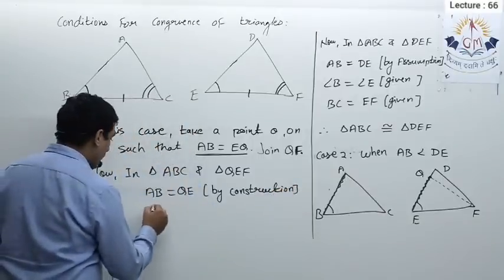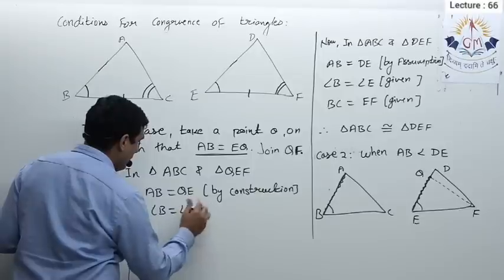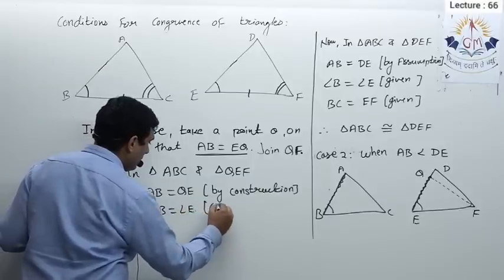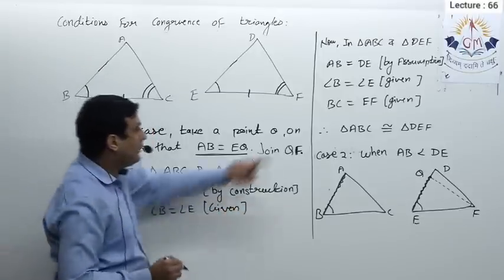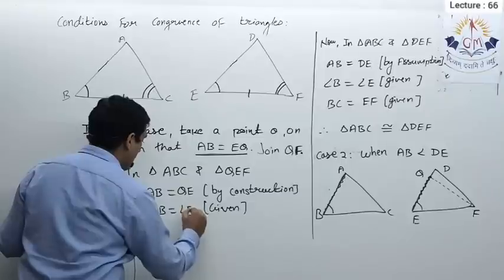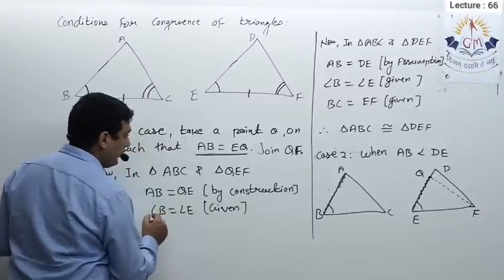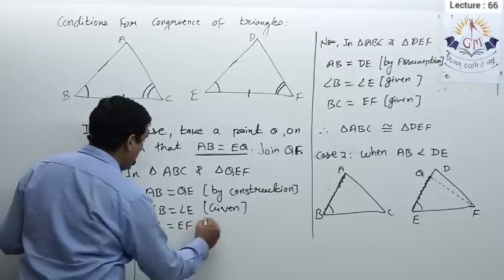Angle B is equal to angle E. Why angle B is equal to angle E? It is given. Also I can say BC equal to EF. Why BC equal to EF?